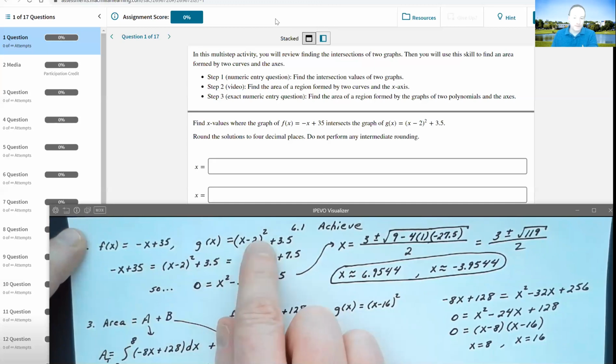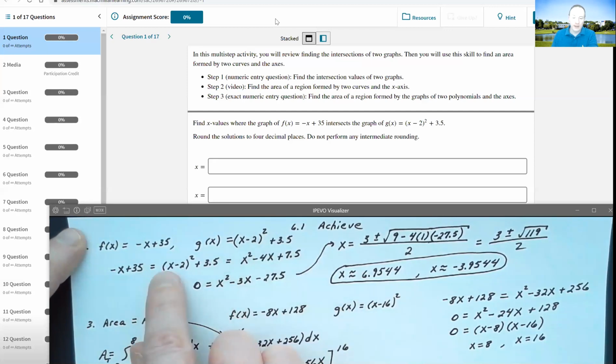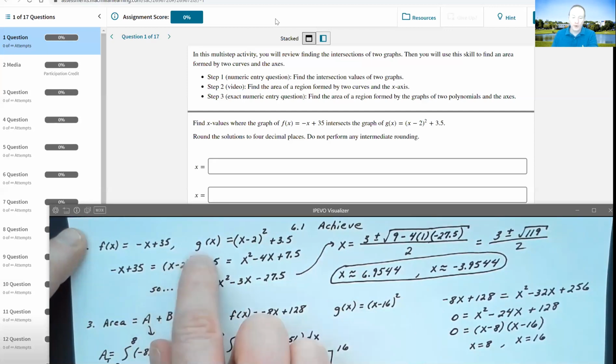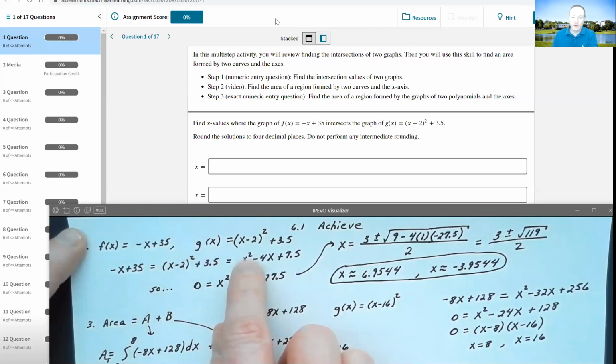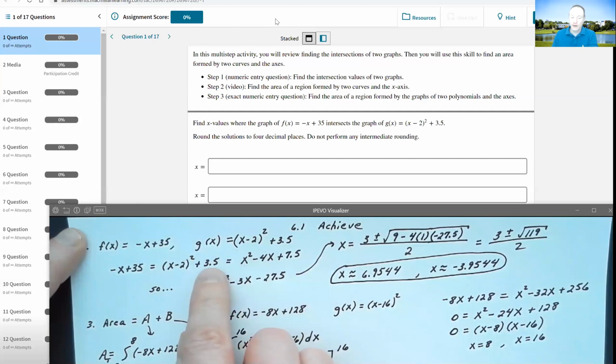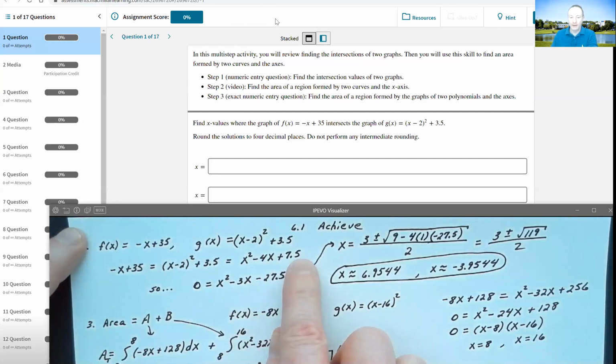I know that that quantity squared is not going to be any help whatsoever, so I go ahead and square it out in this first step, and I say x minus 2 quantity squared is just going to be x squared minus 4x, and then it would be plus 4, but I also had another plus 3.5 over here, so instead of x squared minus 4x plus 4, I said x squared minus 4x plus 7.5.